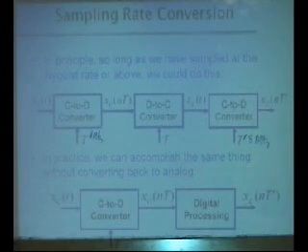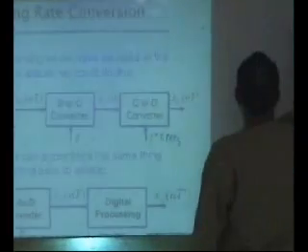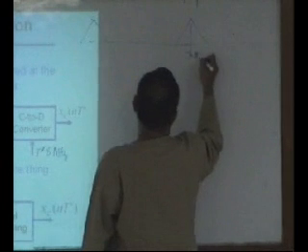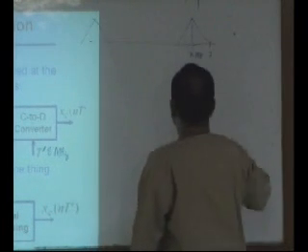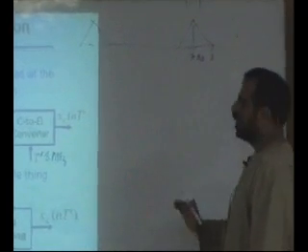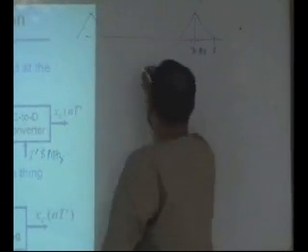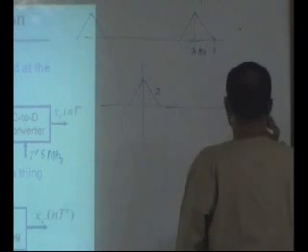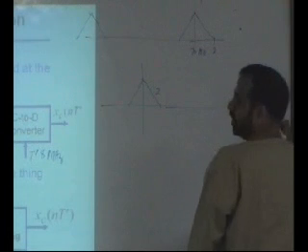For example, I gave you an example where I said, okay, you have a spectrum here at 70 megahertz with 4 megahertz bandwidth, so you sample it at 144 megahertz. Then you clean it up. After cleaning it up, you have this spectrum, but the sampling rate is still 144 megahertz.